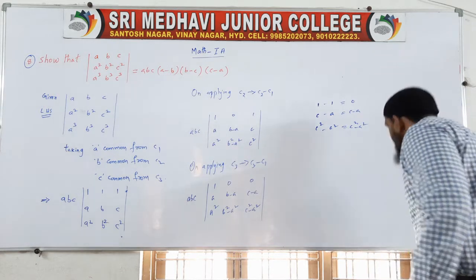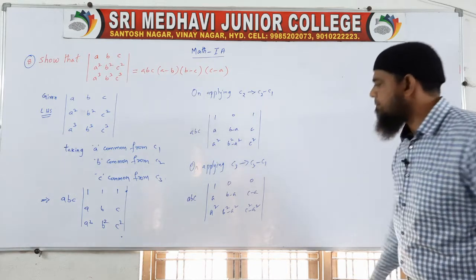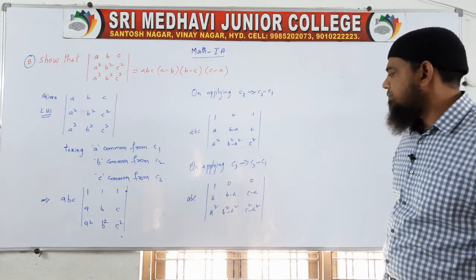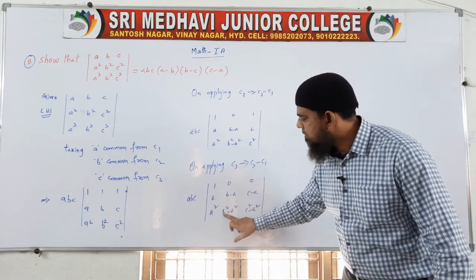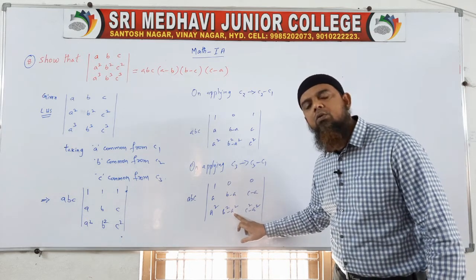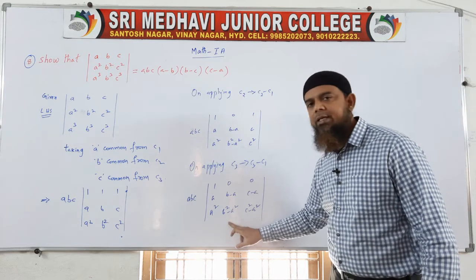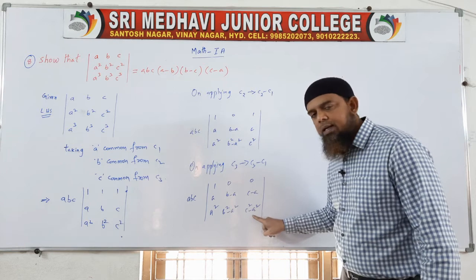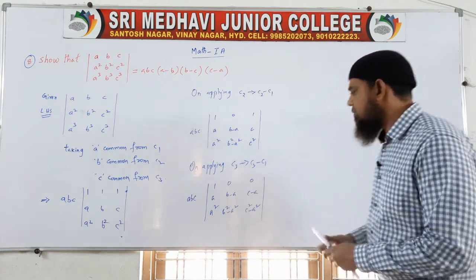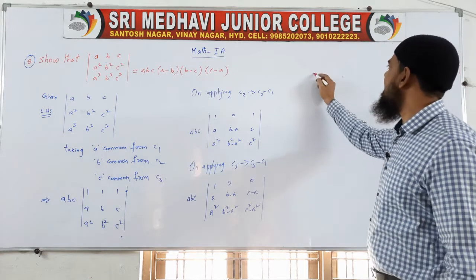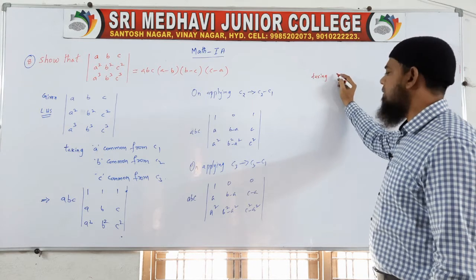Now the thing is, we have to see what is common. See in C2, b minus a is there. The b square minus a square formula you know: b minus a into b plus a, so one b minus a is there. c square minus a square means c minus a into c plus a, so one c minus a is there. So what do I have to take common here?